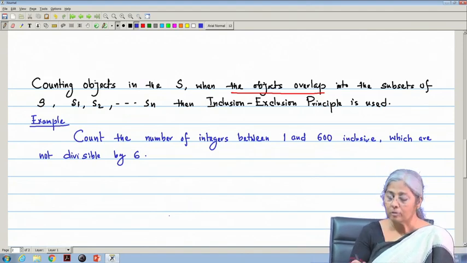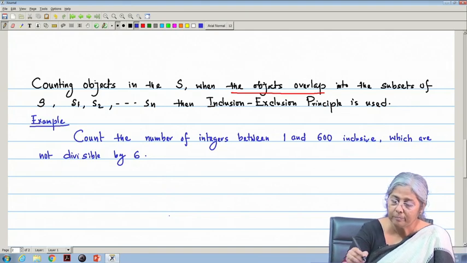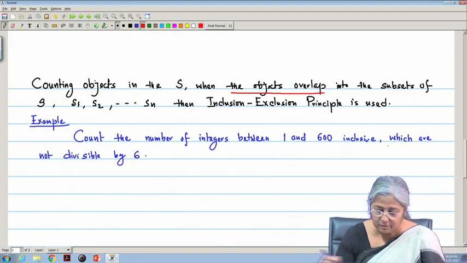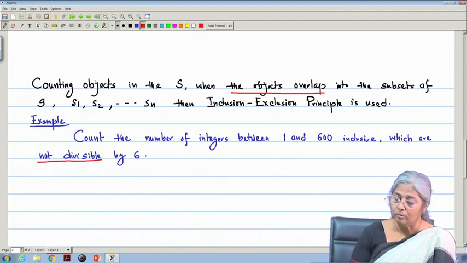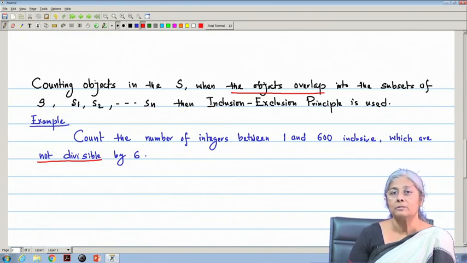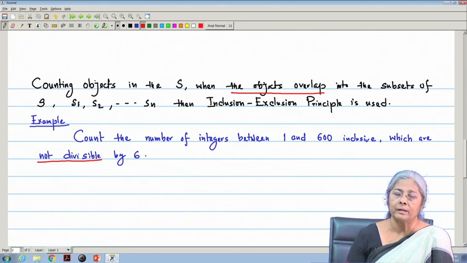Now, we can solve this problem indirectly. I have to count those which are not divisible. If I can very easily count the integers between 1 and 600 that are divisible, then if we subtract that number from 600, we will get the number of integers that are not divisible by 6.